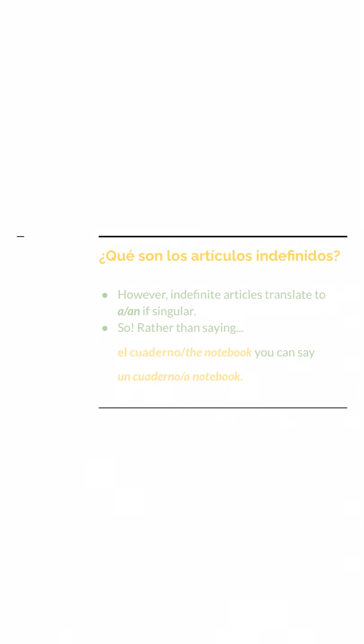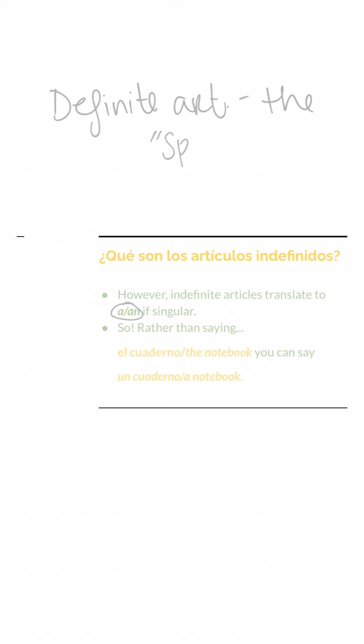However, our indefinite articles translate to a or an if they're singular. So here's an example. Rather than saying el cuaderno or the notebook, you can say un cuaderno, which is a notebook. So something that I think is really important here is to kind of draw this out. Our definite articles translate to the.